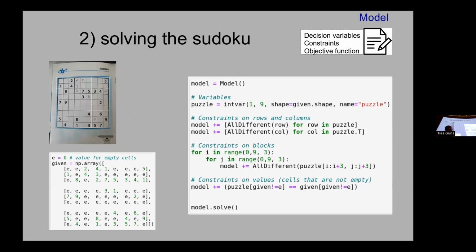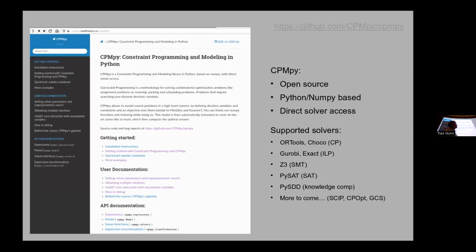Okay. So for solving the Sudoku, of course, we will use constraint solvers here. That's one of the main starting examples, pedagogical examples. In this case, we're using a Python-based library called CPMPy that we develop.